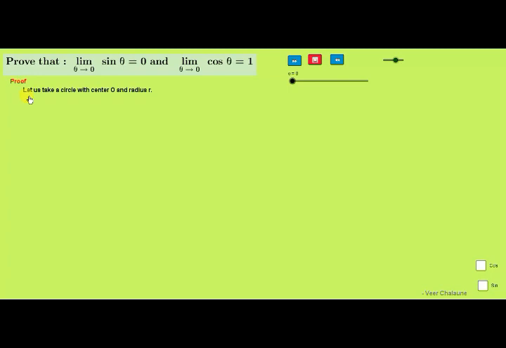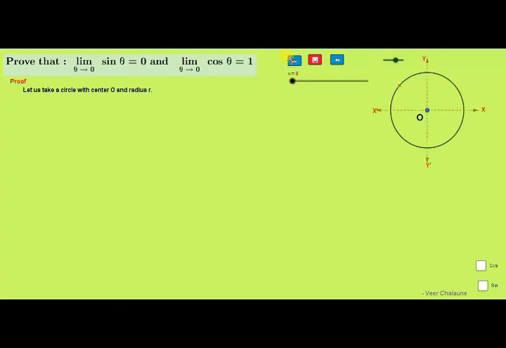So let us take a circle with center O and radius R. This is a circle with center O, and its radius is R everywhere. There are infinitely many radii, we know that, and they are all R.